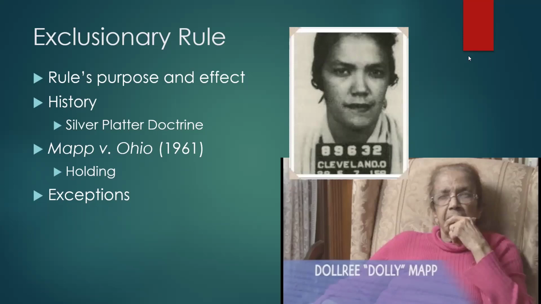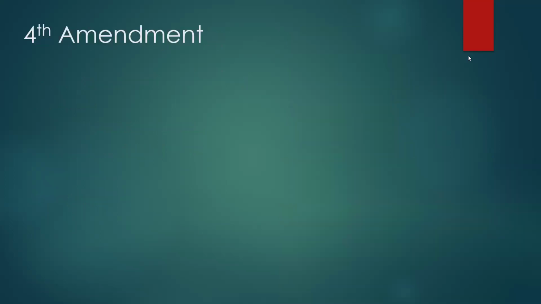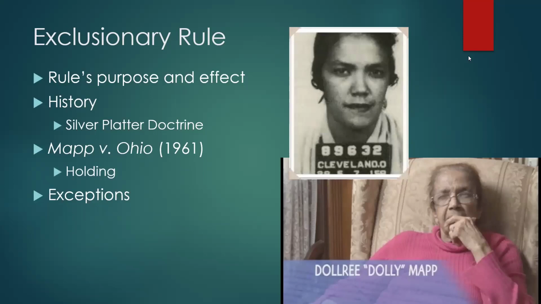The exceptions that exist, there actually are several exceptions to the exclusionary rule that are discussed in your textbook. The good faith exception: when the police or prosecutors bear no culpability for violating a defendant's rights, when there's some sort of technical error made by a clerk in the preparation of a warrant, for example, if the police aren't guilty of doing anything wrong, then they can still use the evidence for prosecuting the defendant.